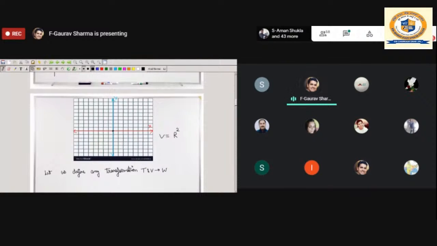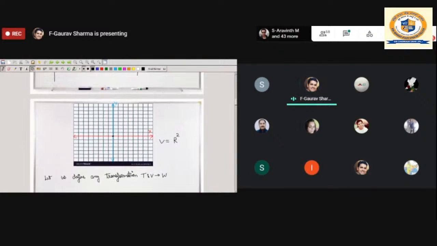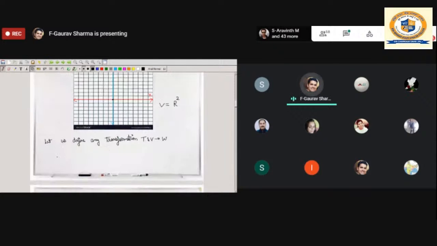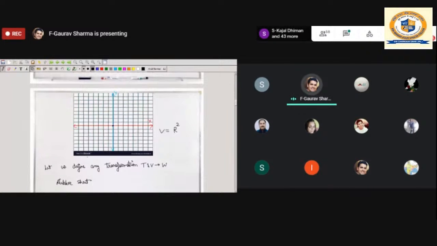So what will happen? Now, to understand this, we can take the example of a rubber sheet, right? So if I take the example of a rubber sheet, we can easily understand what a transformation actually means.